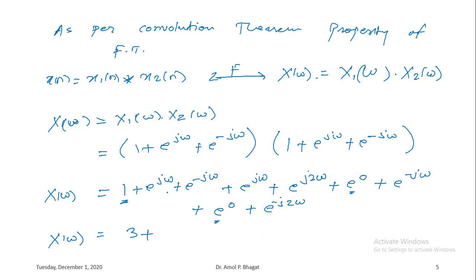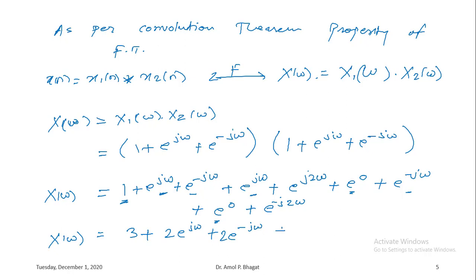Plus, the terms of e to the power j omega are there, right? So e to the power j omega, e to the power j omega, so 2 e to the power j omega will be there, plus this e to the power minus j omega, again e to the power minus j omega is there, so it will be twice e to the power minus j omega, right?